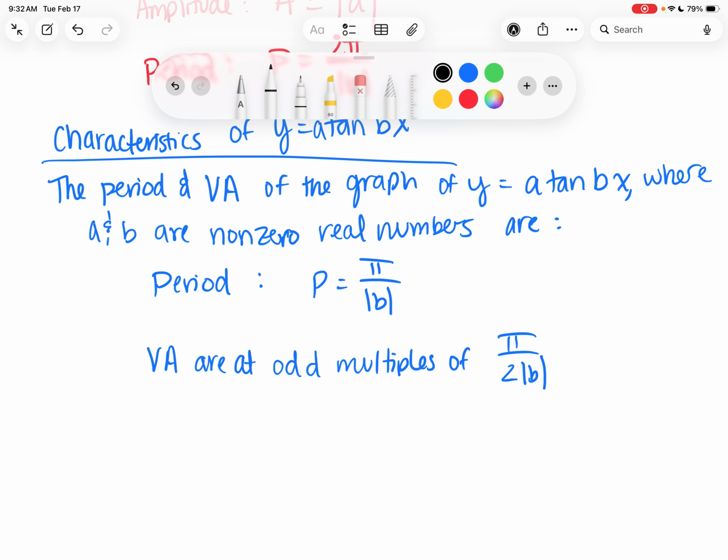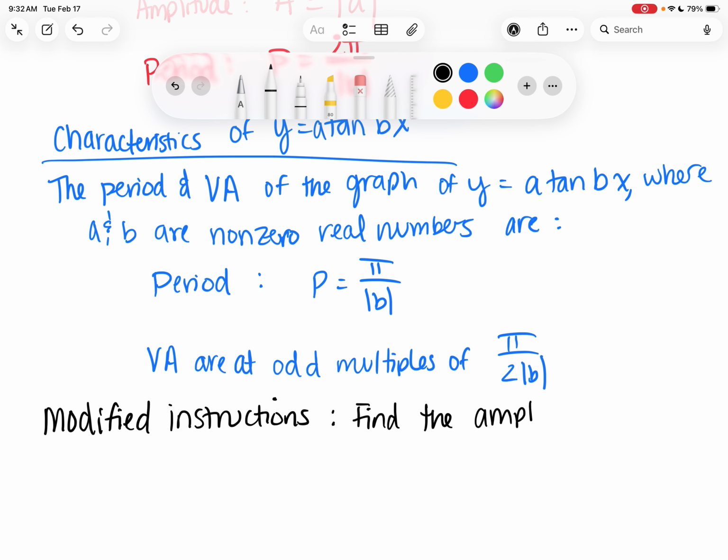So we are going to instead, right here, modified instructions. Find the amplitude and period. And I guess with amplitude we should say if applicable, because if it's tangent, obviously it doesn't apply.